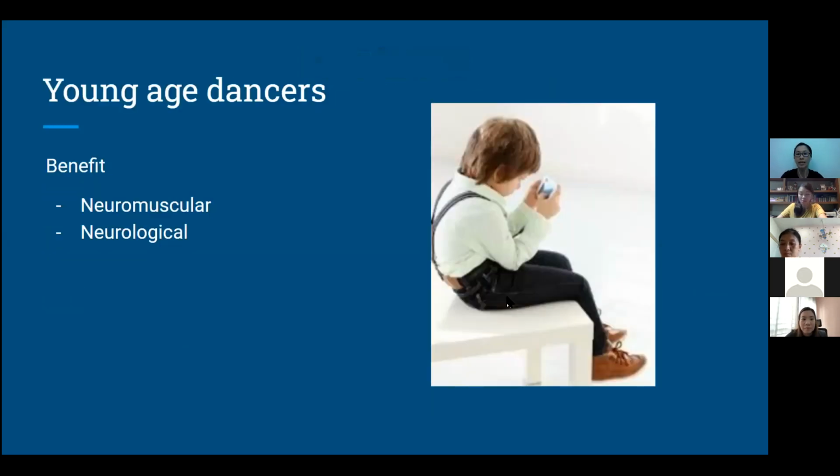Because as you can see in this picture, the body is so bad, especially now in the pandemic period. Whoever the teachers here already have kids, you will know what I mean. They're all on the phone and on electronic devices so badly. So dance to be fit is actually a good idea, right?